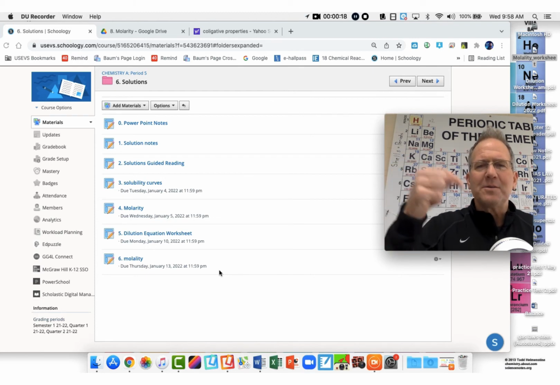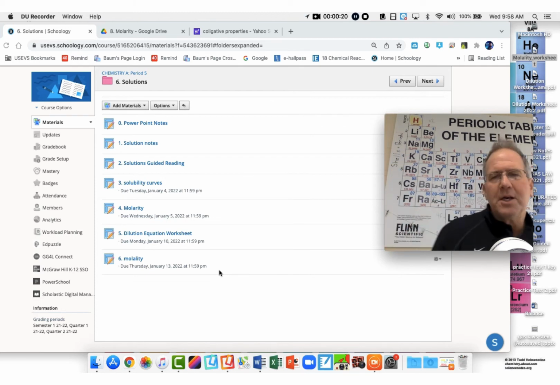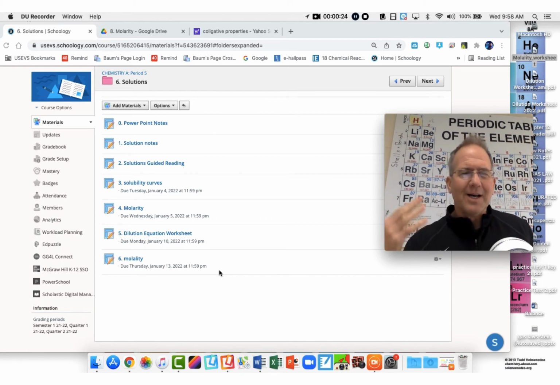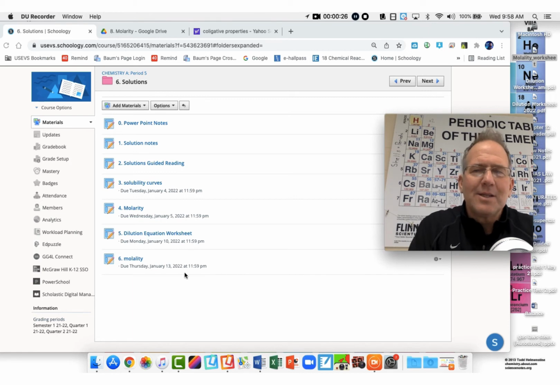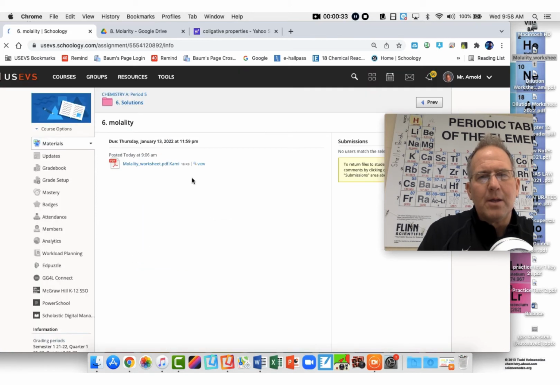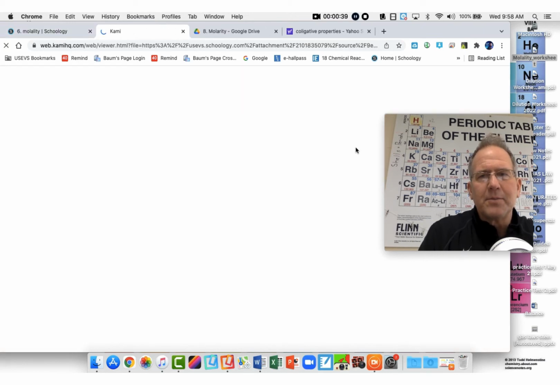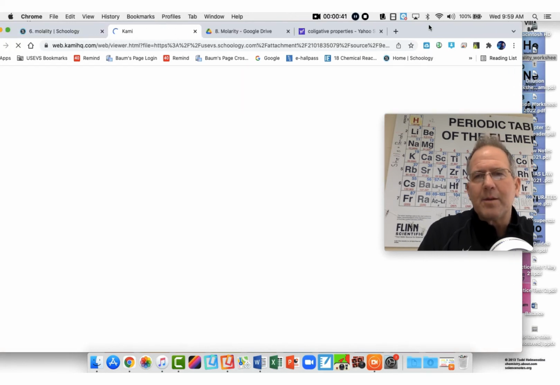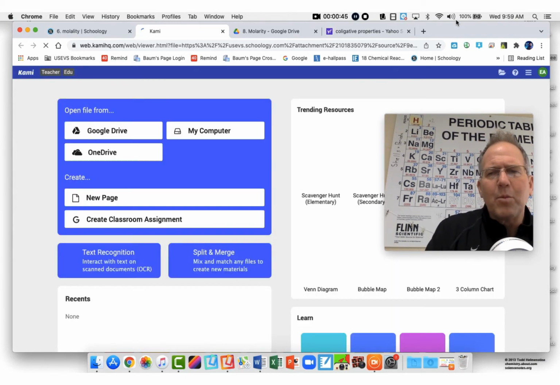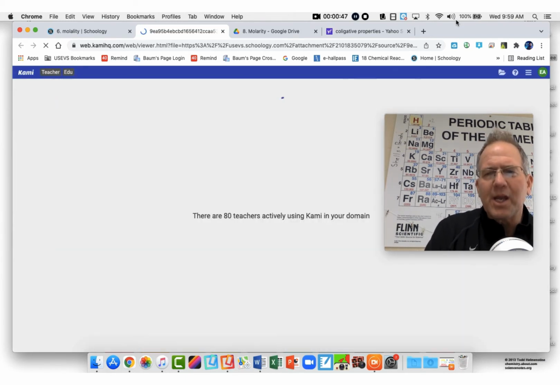So this number 6 molality page will be moved down into that folder, but mine's still in this folder, so I'm going to open it here. So open up molality, and there it is. I thought I didn't have a Cami version. And we're going to do this on Cami, and we'll look at this. Very similar to molarity in problem-wise, except the slight change in the equation.